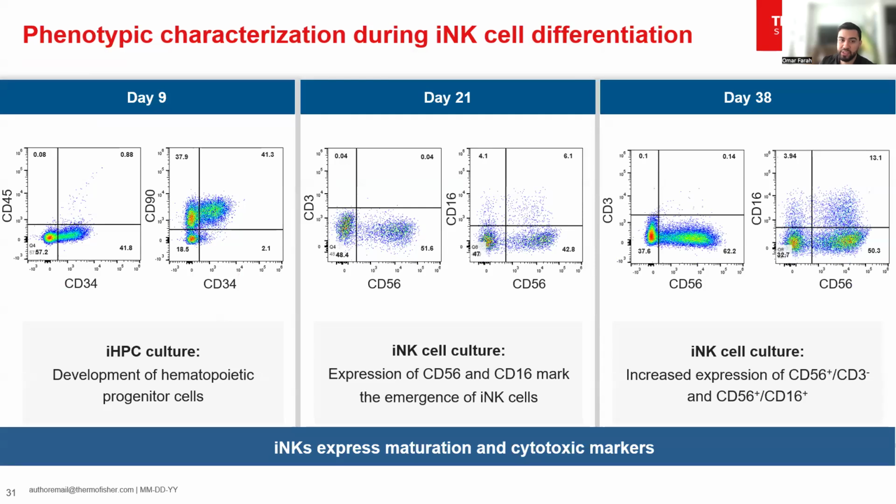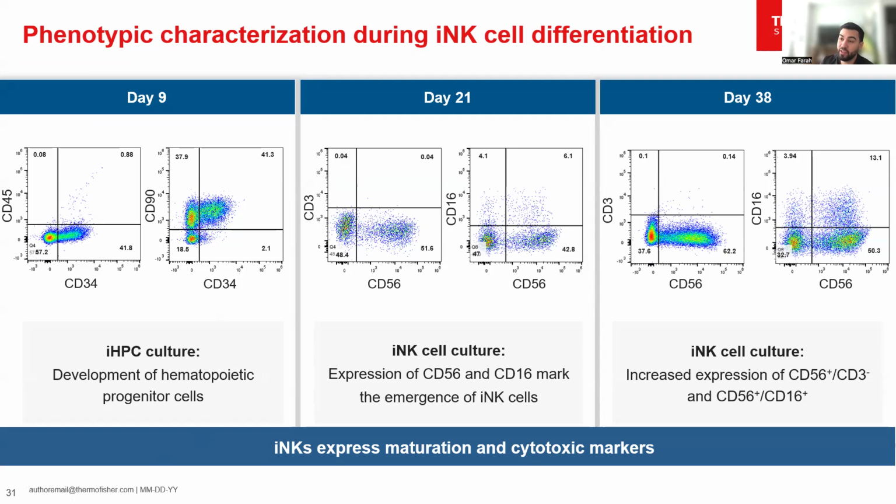And during this differentiation process, as we follow through, we see the emergence of the right markers that confer those developmental stages that we talked about. So at around day 9, we start to see markers like CD34 and CD90 appear, which are markers of the hematopoietic progenitor populations, right? These are your HSCs or HPCs that are going to give rise to your immune cell types.